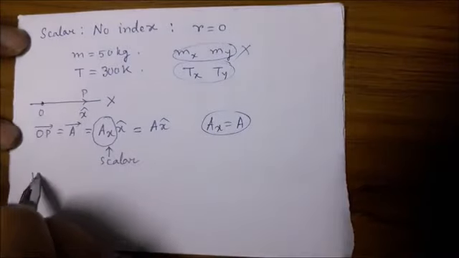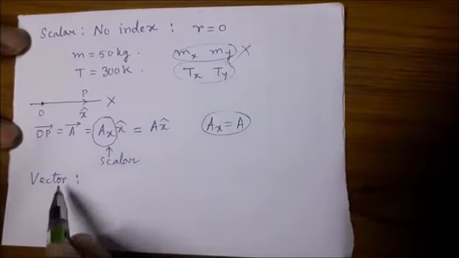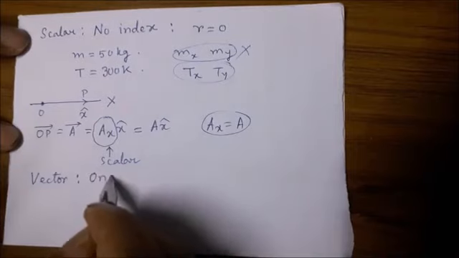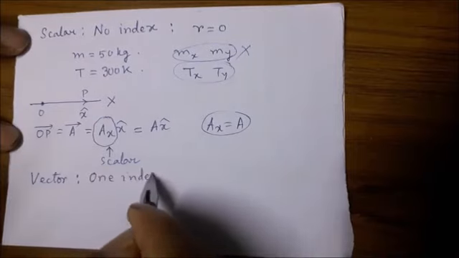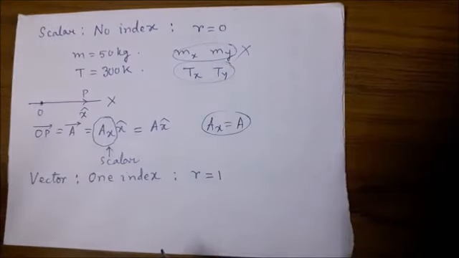Next, vector quantity. Now to express a vector, we need one index, and therefore vectors are of rank 1.